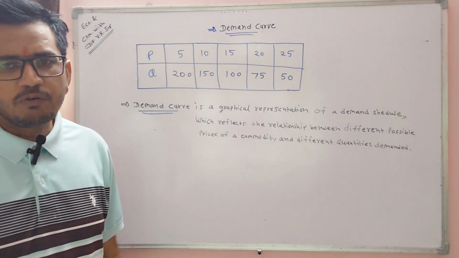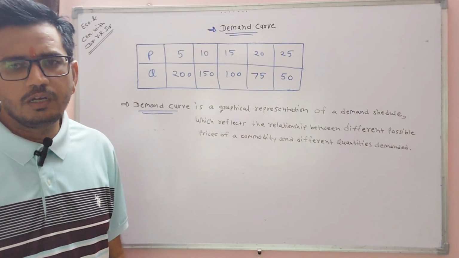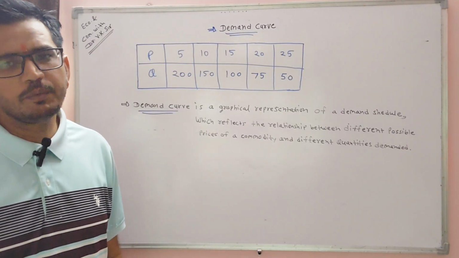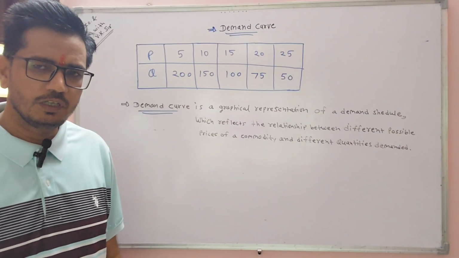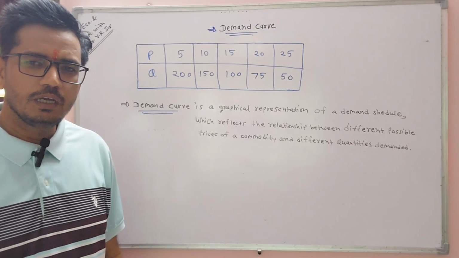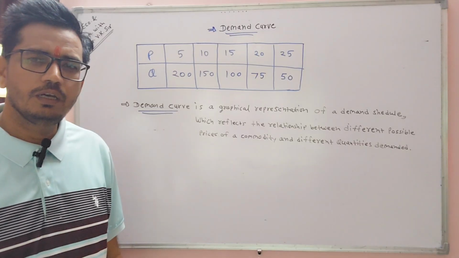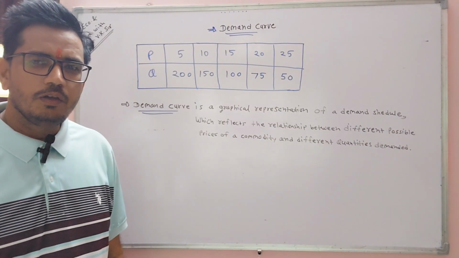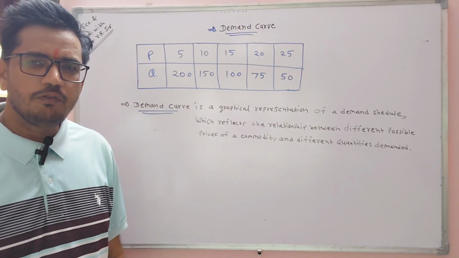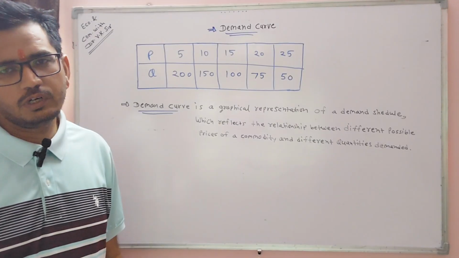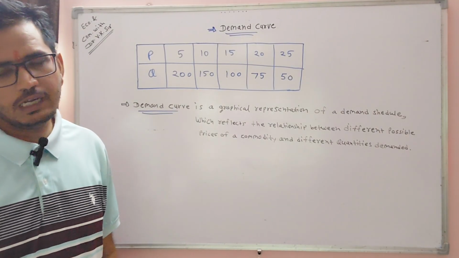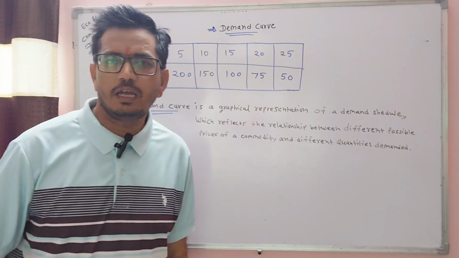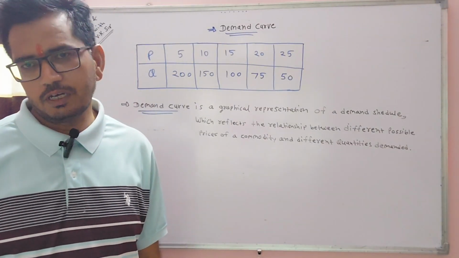When we talk about demand curve, you also know about demand and demand schedule. We also know that when we go for demand schedule, there are various prices and various quantities demanded.